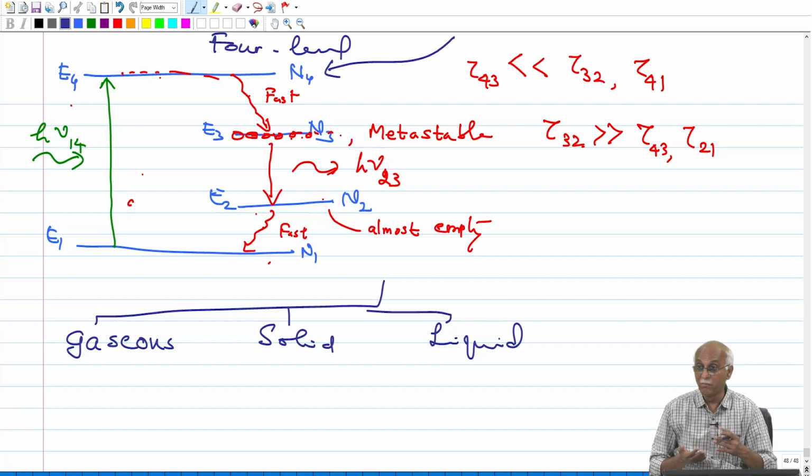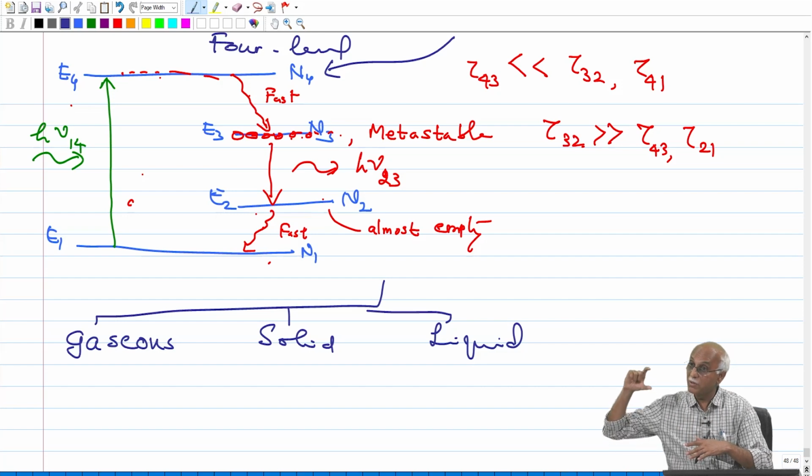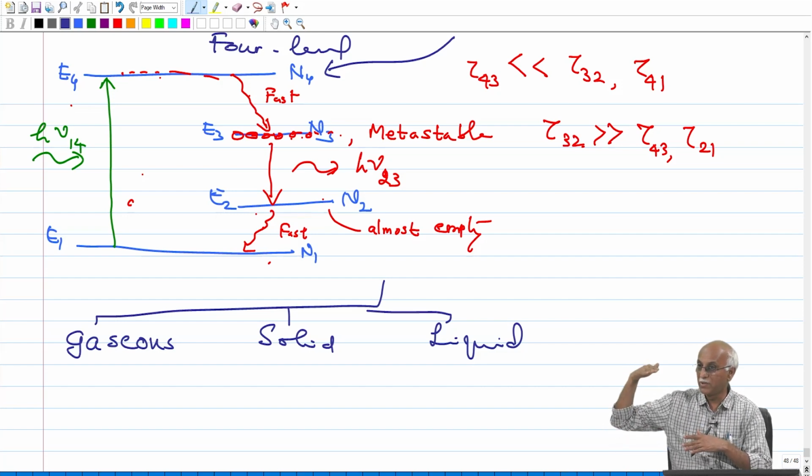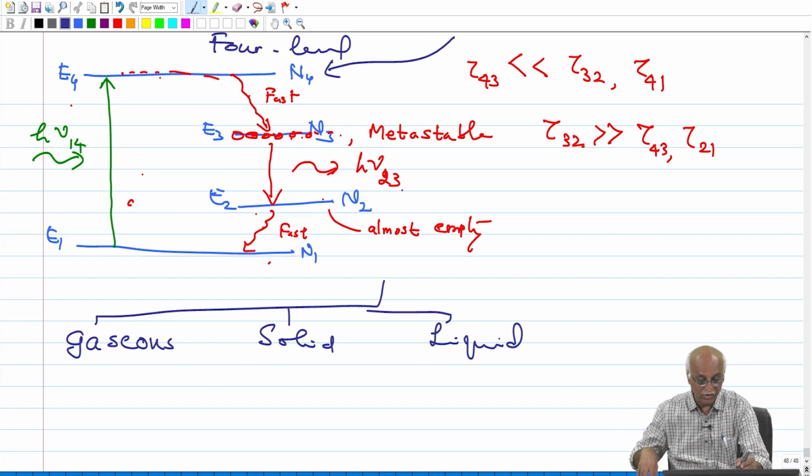So, there are some materials which can provide 3 level systems with amplification of light between the second and ground levels. And there are some media which can provide 4 level systems, with amplification of this frequency through such 4 level transitions coming into picture.